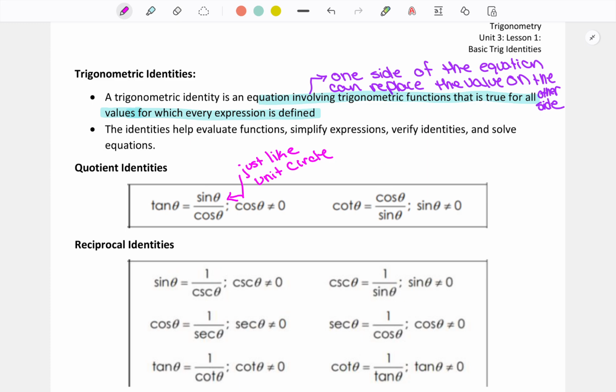And cotangent is also just like the unit circle, because cotangent is cosine theta over sine theta. Now, cosine and sine, depending on what function it is, cannot be 0 because that would make the function undefined. And that is never okay, no matter what the identity.